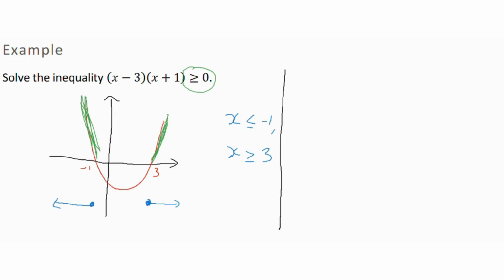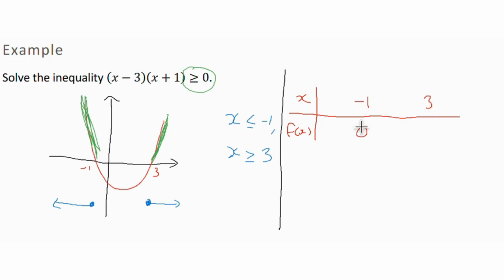The other way to approach this is using a sign diagram. A sign diagram determines the sign of the graph at each point. We start by setting up a table for x values and f(x) values. For the x values, I'm going to make sure that I choose my two roots, which are minus 1 and 3.